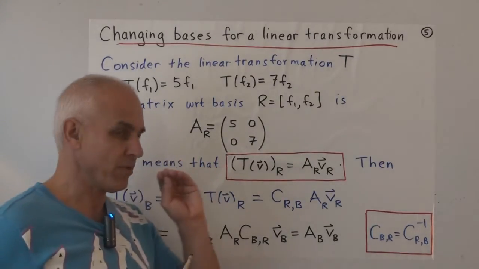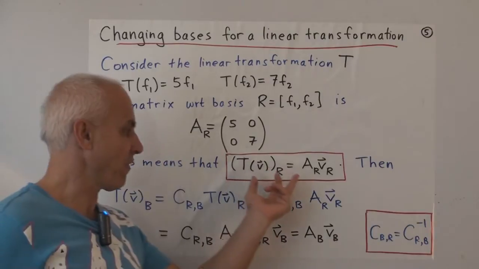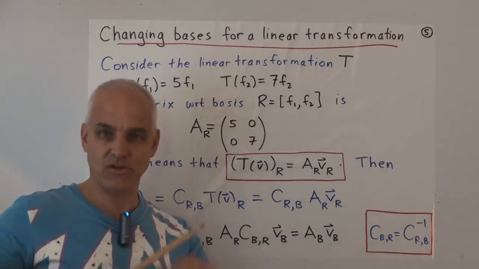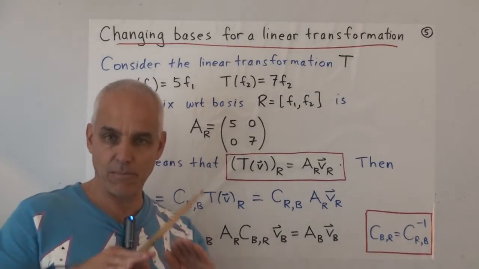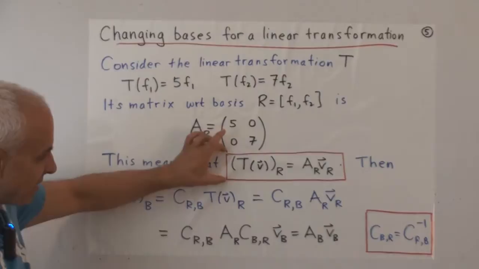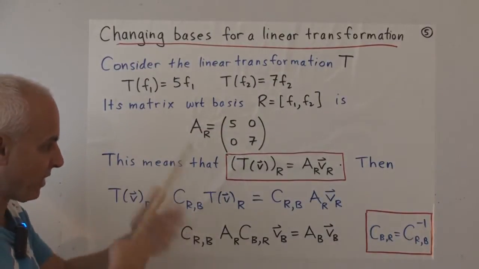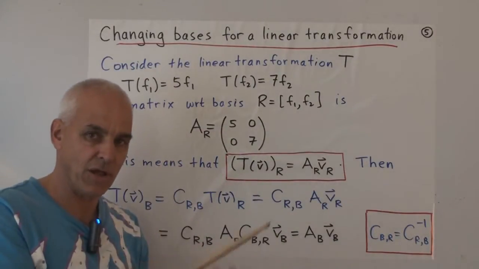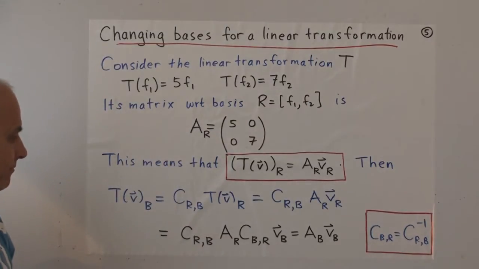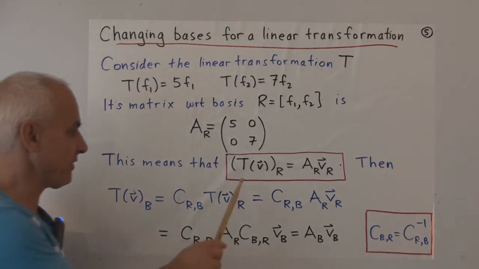So now what we want to do is convert this to information about how the same linear transformation looks like in Bob's system. So we have to take this equation and replace all the things involving Rachel with things involving Bob. Okay, so let's start with the left-hand side.